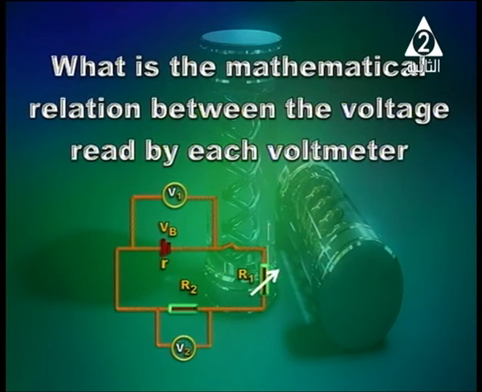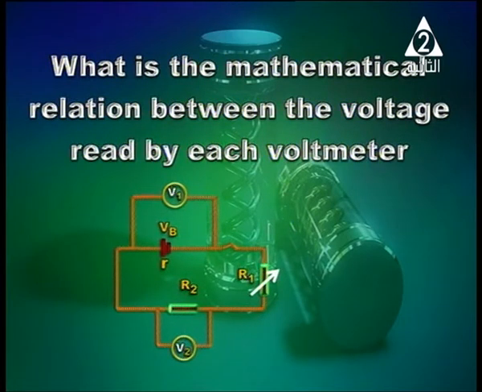Another question: what is the mathematical relation between the voltage read by each voltmeter? V1 reads the terminal voltage. V2 reads the voltage across R2.